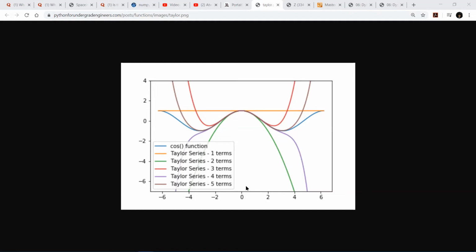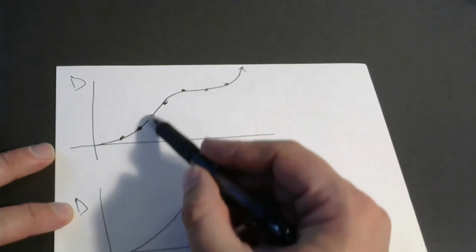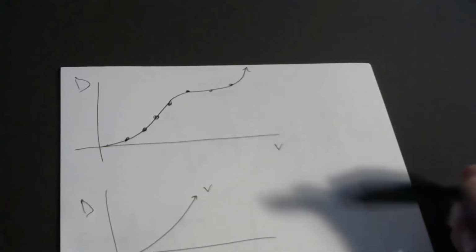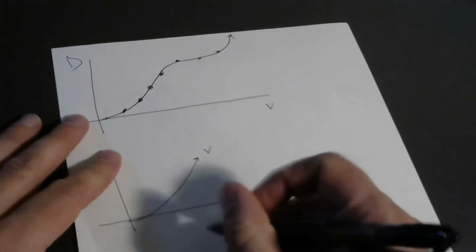The idea is, and let me go back to the notes here. The idea is whatever this experimental curve is that you determined in the wind tunnel, you could build that up out of powers of v as a Taylor series.